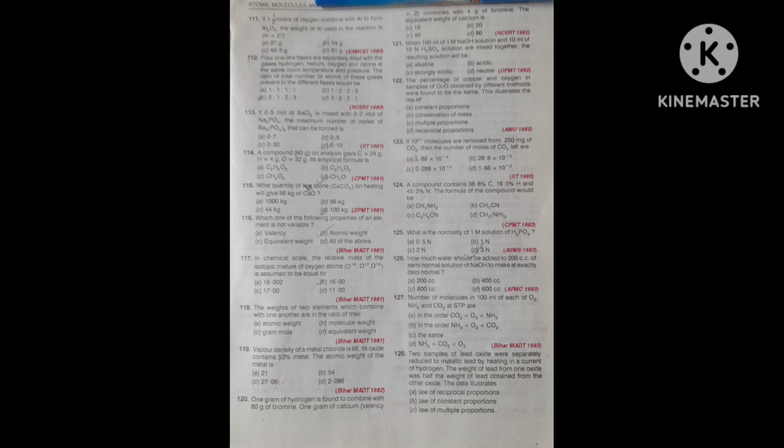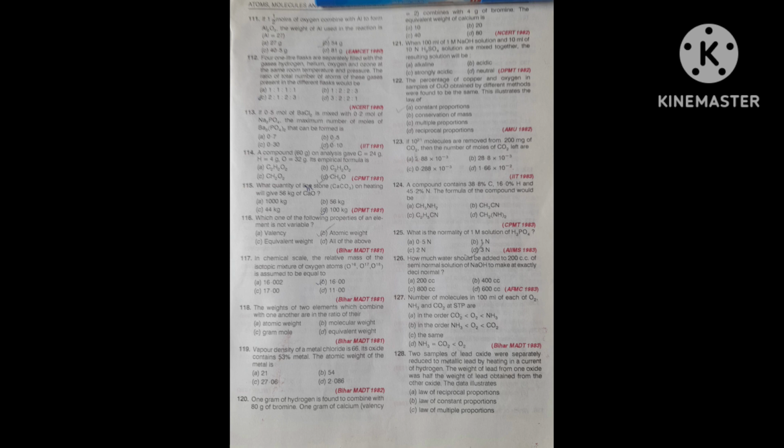First option is 0.5 N, second option 1N, third option 2N, fourth option 3N. This question was asked in AIIMS exam.